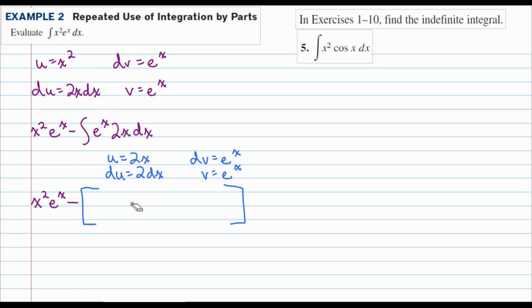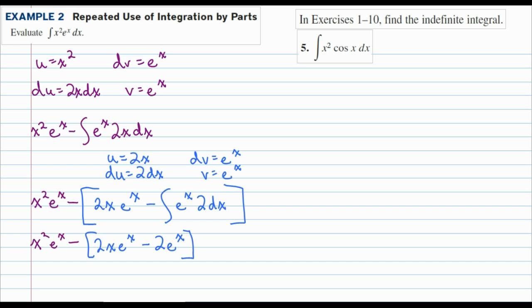Now we're going to use our integration by parts formula: u times v minus the antiderivative of v times du. Now this is an antiderivative that I can take. The antiderivative of 2e to the x: the coefficient 2 just stays outside of the integral sign, and I'm really taking the antiderivative of e to the x, which is e to the x.